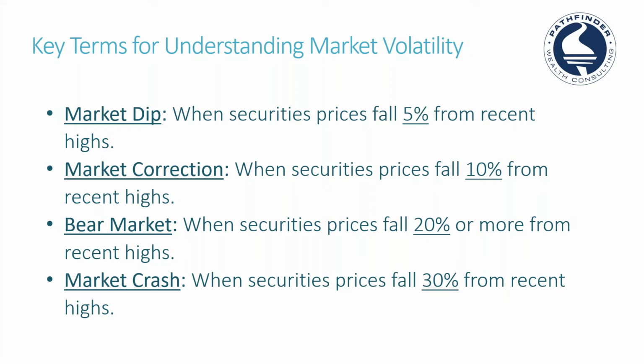Once prices drop 20% from a recent high, that's when we enter a bear market, which we did do during this period. And even a market crash, when securities prices drop 30% from the prior highs, that signals a market crash. So, spoiler alert, we've hit all of these four in just the past 2 months, if you can believe that.